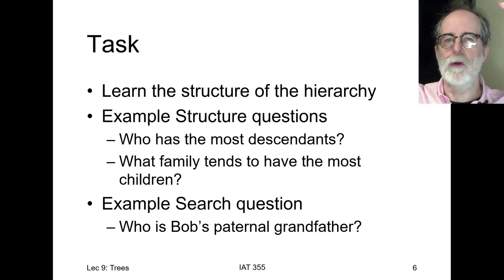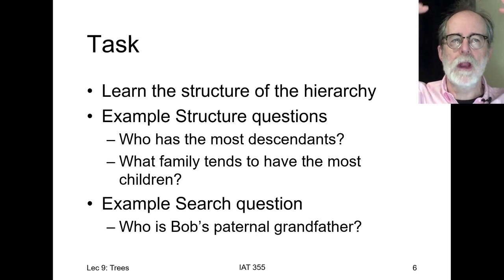Let's say you start with people born in 1900 and you're comparing individuals and you'd like to know which of those 10 individuals that you're looking at has the most children, grandchildren, great-grandchildren, and so on. You might also ask what group of genetically related individuals have the most children overall, for whatever reason.